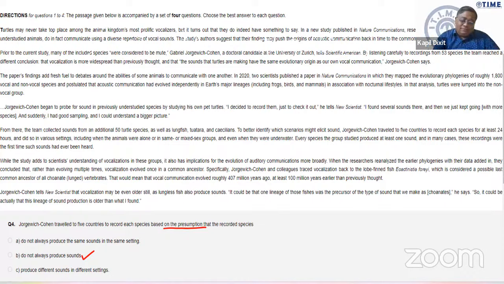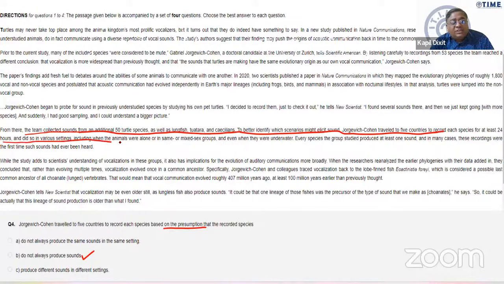See, if you look at this part of the paragraph, the team collected sounds from an additional 50 turtle species as well as lungfish, and so on, to better identify which scenario might elicit sound, traveled to 5 countries to record, and did so in various settings. So, to better identify which scenario might elicit sound.